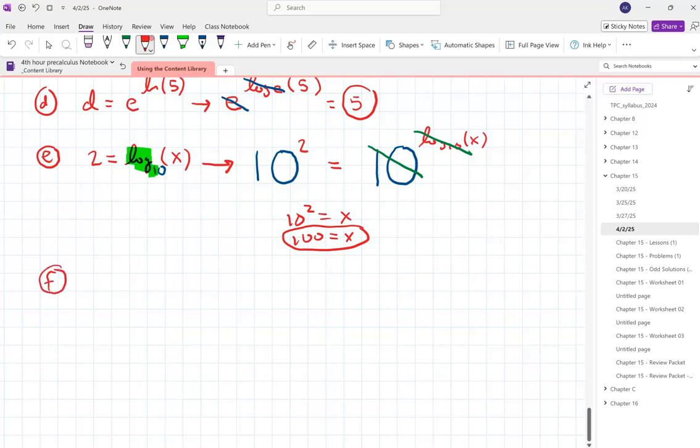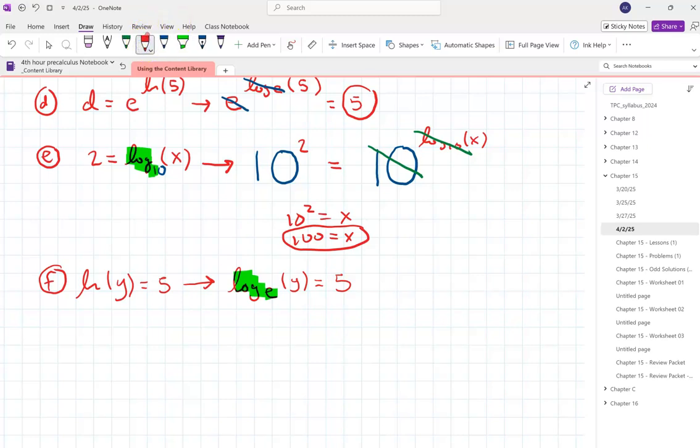Okay. For f, we have the natural log of y is equal to 5. What's the base for the natural log? e. And how are we going to cancel out this log base e that's around the outside?